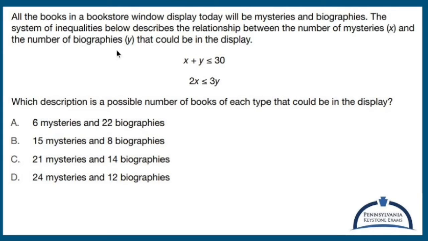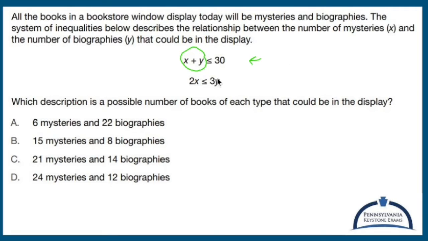All the books in a bookstore window display today will be mysteries and biographies. The system of inequalities below describes the relationship between the number of mysteries and the number of biographies. So mysteries is x, biographies is y, that a window can display. So what this is saying is that a window has to have a combined less than or equal to 30 books in it.